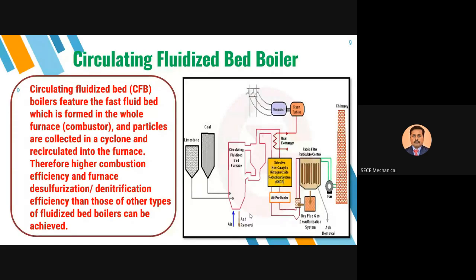With the help of that, we can reduce the SOx effect and the NOx effect. In this way, we can minimize emissions to meet the emission norms.